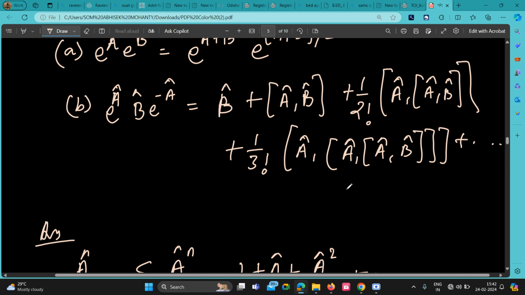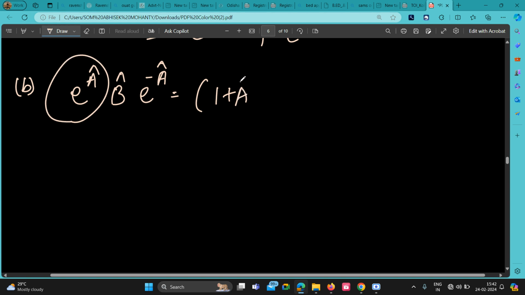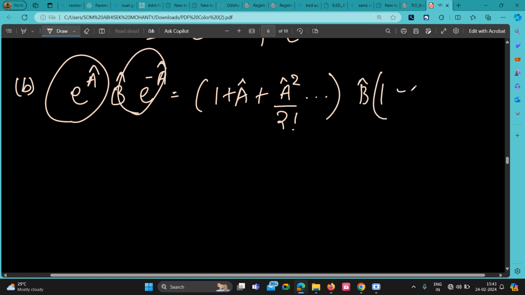If we do the same kind of algebra in the second question also, in part B, this is e^Â B̂ e^(-Â). In place of this I will put its expansion, 1 plus Â plus Â square by 2 factorial dot dot dot. Then your B̂ will be here, and now the expansion of this one, that is 1 minus Â plus Â square by 2 dot dot dot.